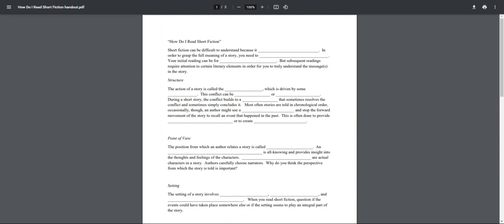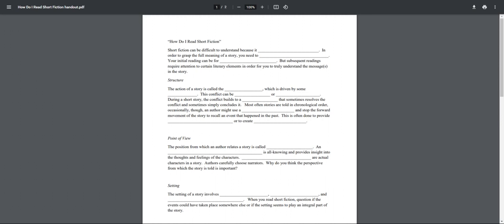So the conflict can take place within a character. A character could be in conflict with herself. Or the conflict could be external, meaning that the character is in conflict with another character, or the character can even be in conflict with his culture or society.